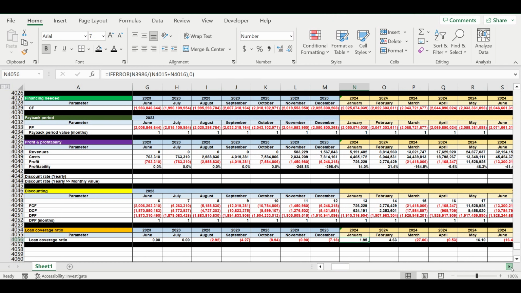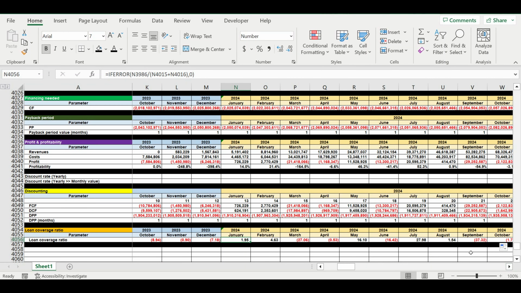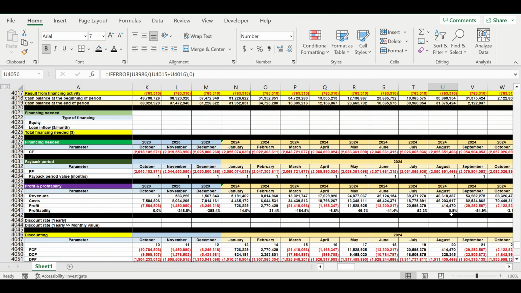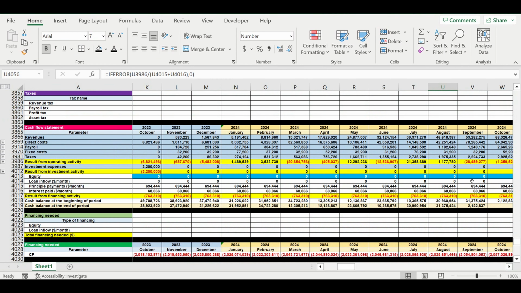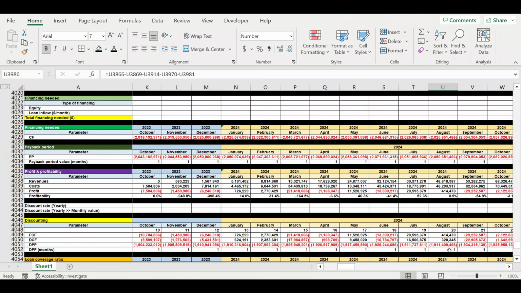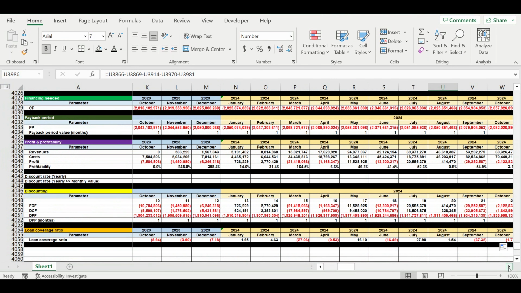So if this ratio is less than 1 or negative, this means that all we earn, we give to the bank. So for example, let's try to find some place.